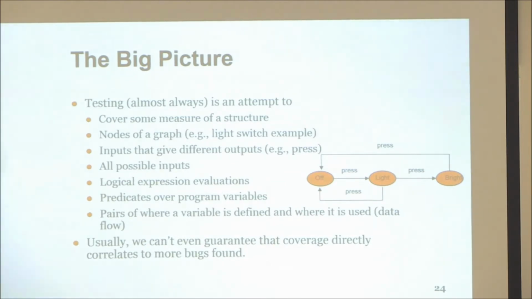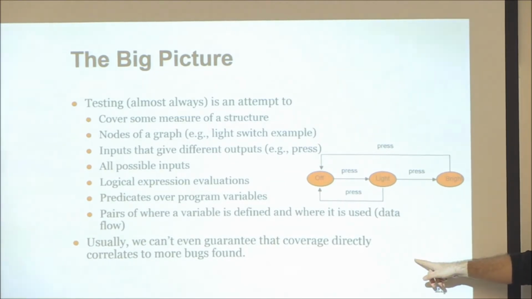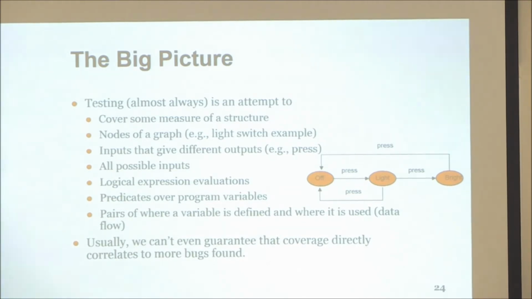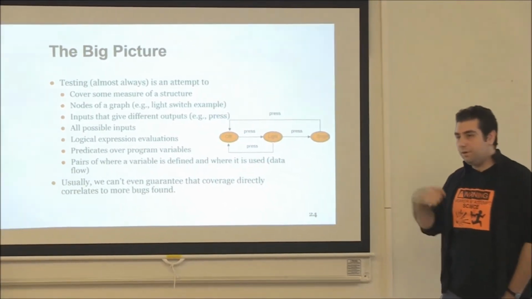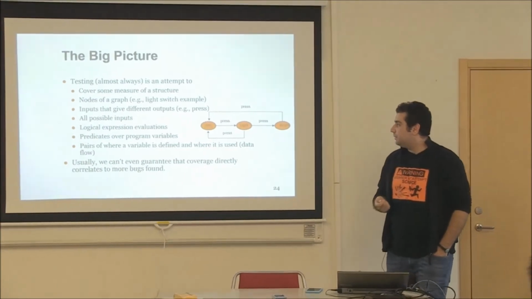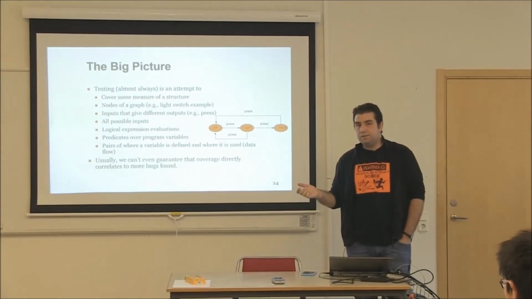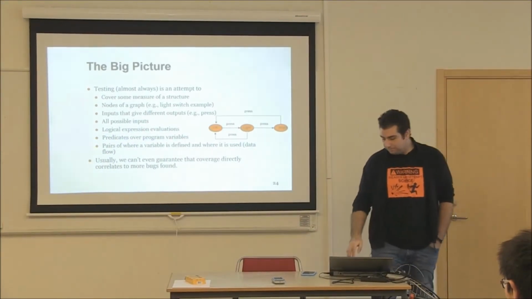But usually we cannot guarantee that coverage directly correlates to more bugs found. Empirical studies show interesting results: even if you cover some type of structure, that will not necessarily find more bugs. So maybe you need techniques tailored to that. But still, everyone is using coverage, especially in industry.